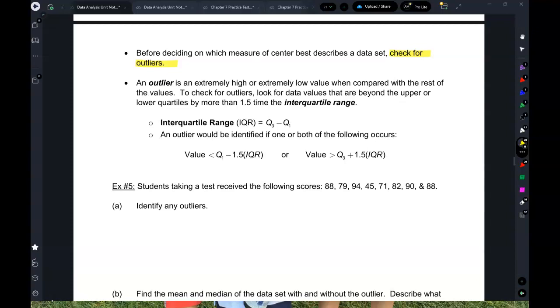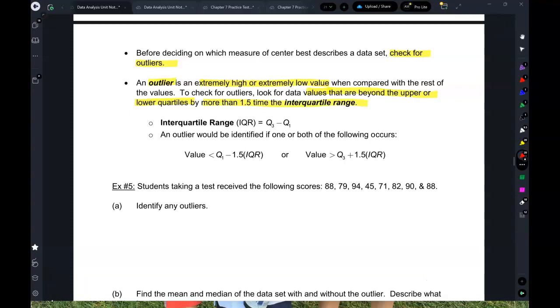It's not about how we feel. So we have to look for values that are beyond the upper or lower quartiles by a specific number. What's the specific number? More than 1.5 times the interquartile range.